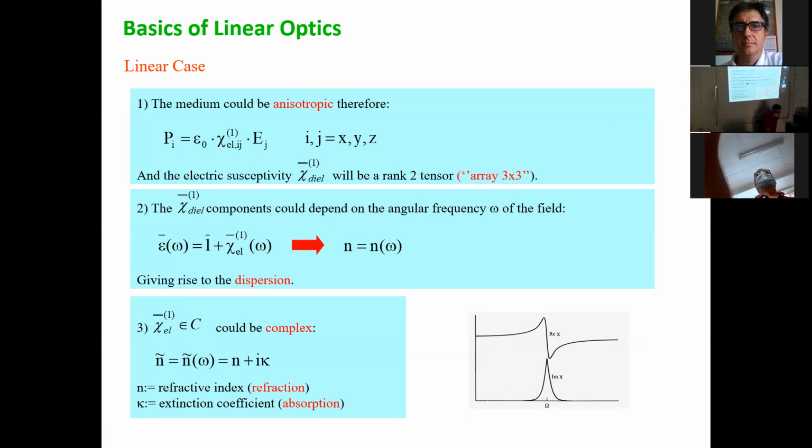Okay. The second thing that you cite in general physics courses is that this tensor chi is not even real, but it can be a complex quantity with real and imaginary parts.